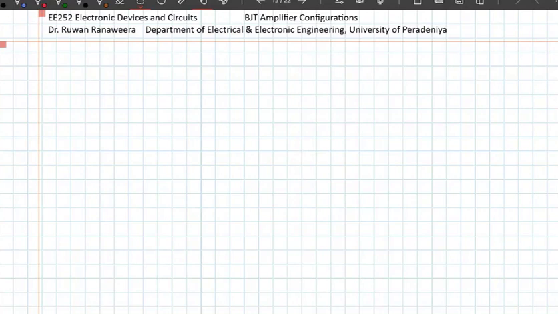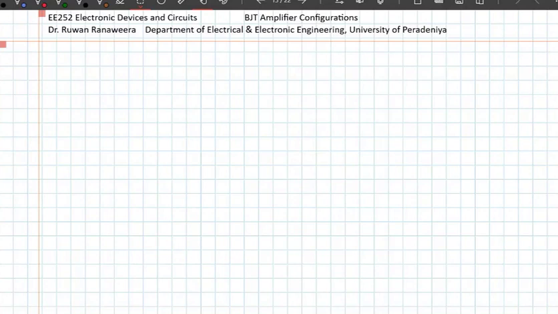So when you gave the signal into the circuit, we used the signal between emitter and the base, and the output was taken from the collector with respect to emitter. So for both input and output, the common terminal was the emitter. So basically the emitter was grounded. So we were looking at circuits where emitter was grounded.